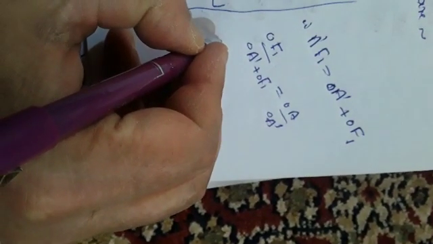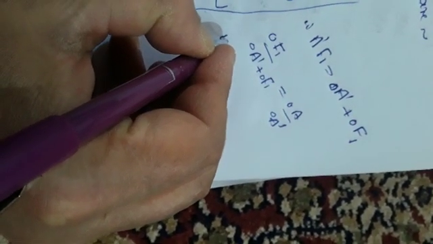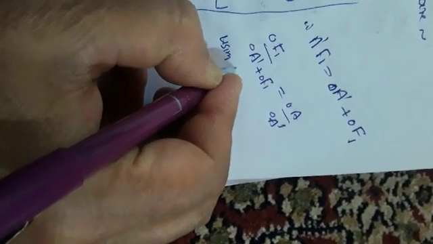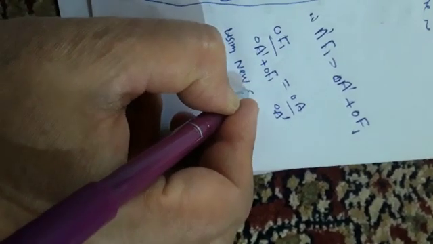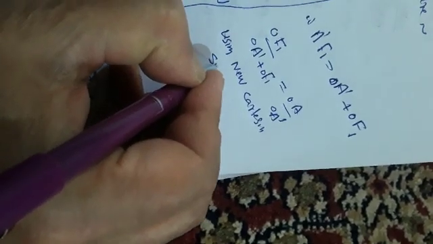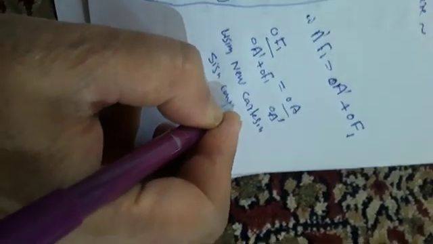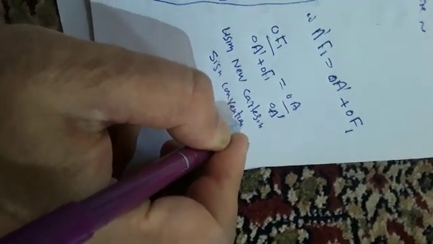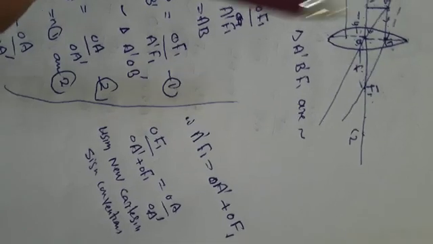Now I can use the new Cartesian sign convention again. Here all distances are measured from the pole, or the optical center in case of lenses.